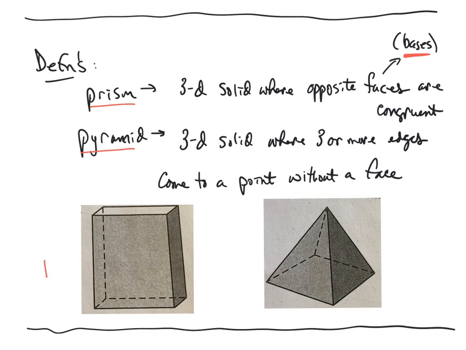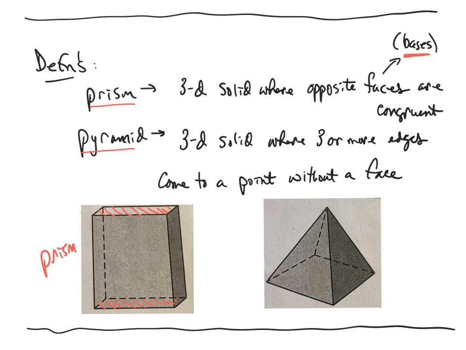This one over to the left is going to be a prism because the opposite faces are congruent to each other. So if you were to look at the top and the bottom, if those are congruent, then we're going to call that a prism.